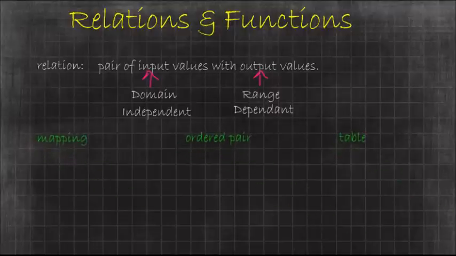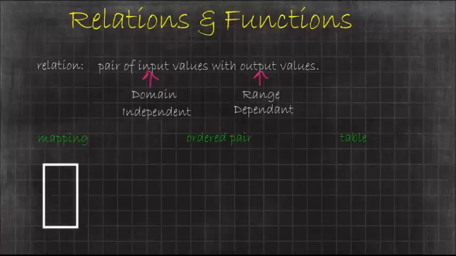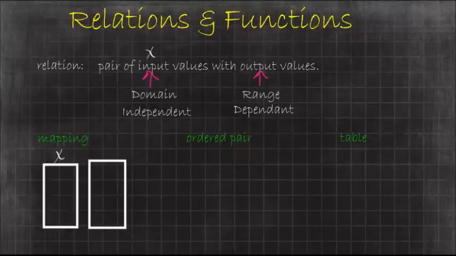And when we're talking about all of these relationships, we've got a couple of different ways to represent those. Now the first one is called mapping. Mapping is basically either a box, or sometimes I've seen them as ovals, but what you're going to end up doing is you're going to have the input, also known as the x value, in one box, and then it's going to be linked to one of the output values, which we frequently call y.